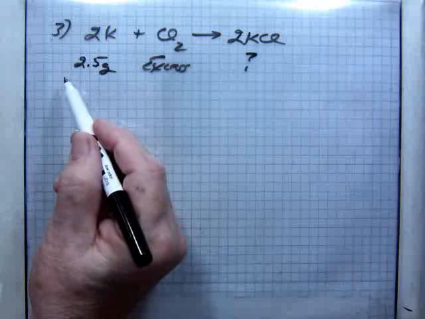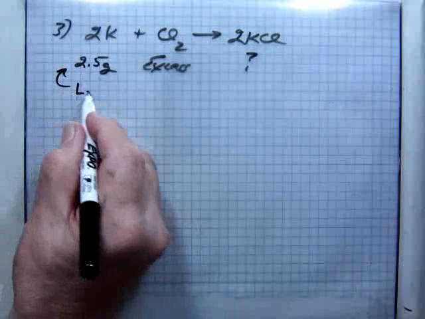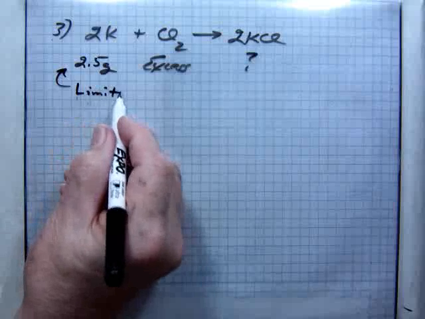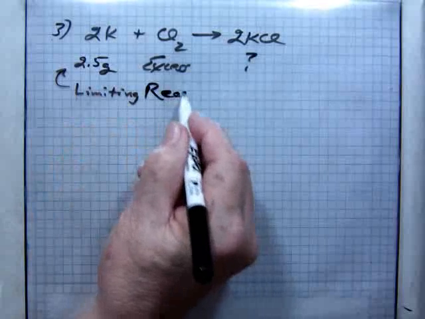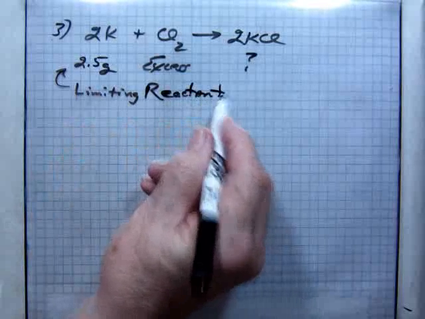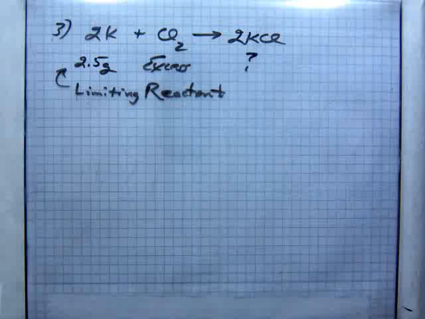Or another way to look at it, the other is the limiting reagent, or reactants, to be more accurate. It is the component of the reaction which goes away first and the reaction stops. Very important that you understand that.